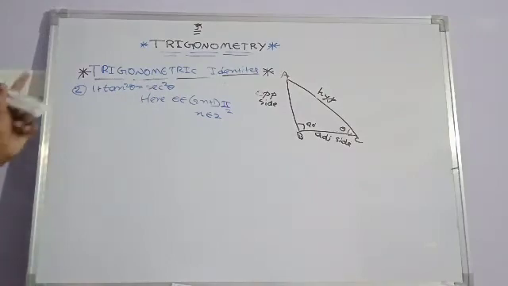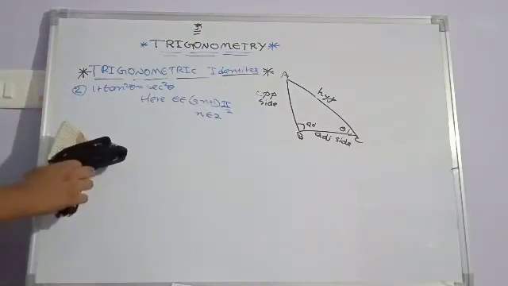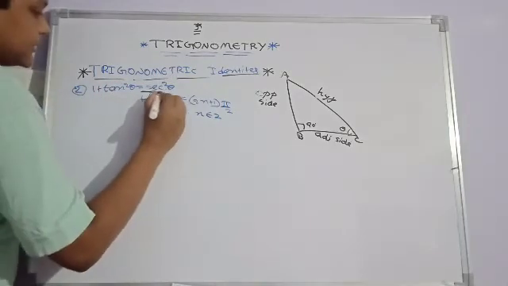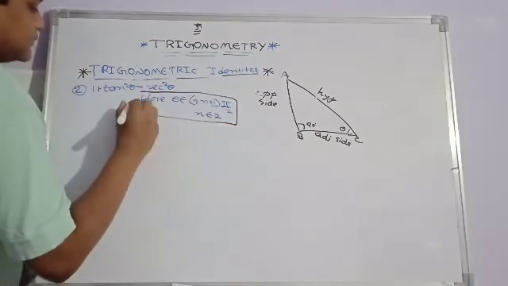In this identity theta always belongs to (2n plus 1) into pi by 2, where n belongs to integers. Okay, now let us prove the identity.